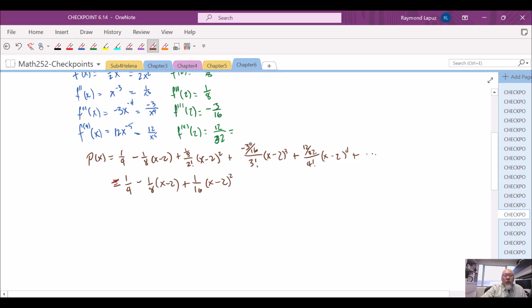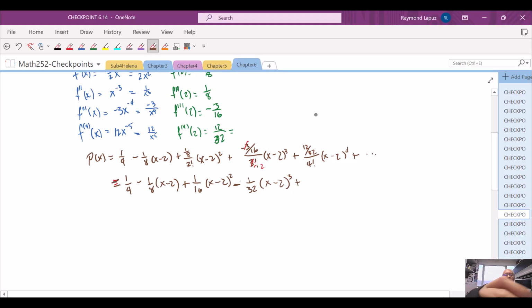And so if we cancel a 3 out here, we'll be left with a 2 factorial, which is just 2, and then 16 times 2 in the denominator is going to give us a 32, so plus 1 over 32. This is also a negative, so let's put a negative sign here, and then x minus 2 to the third.